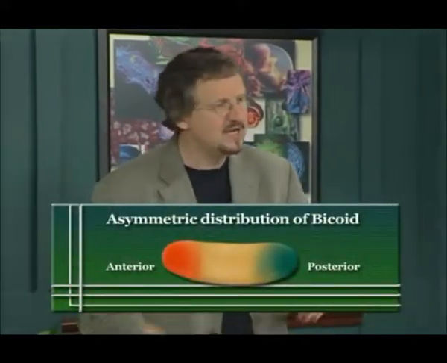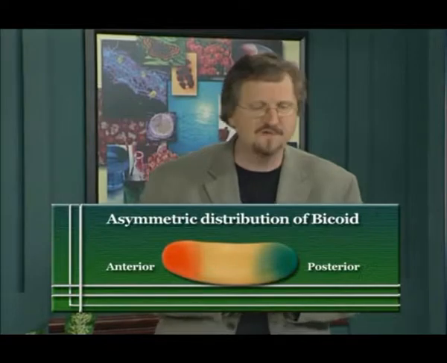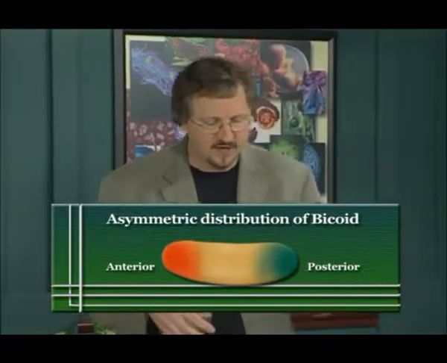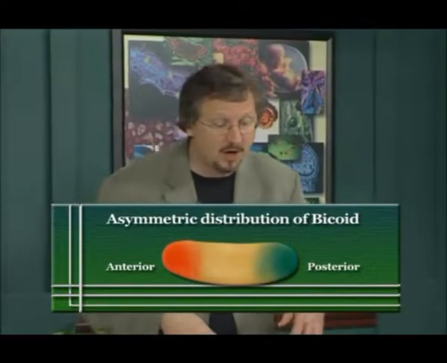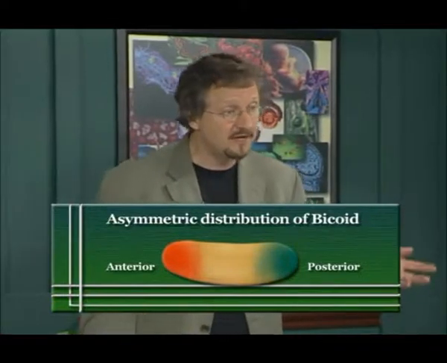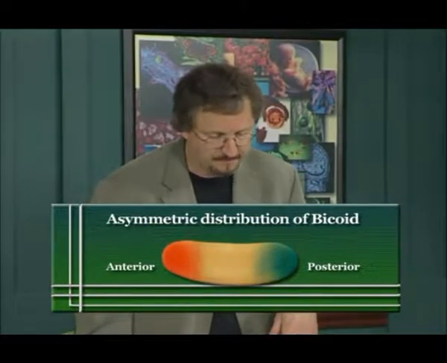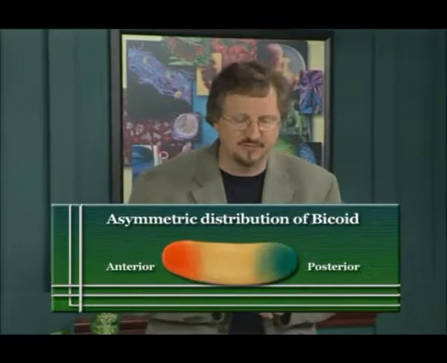Now, if you look at the distribution of the protein produced by the bicoid gene in normal zygotes, you find that in the normal zygote, bicoid is distributed asymmetrically along what will eventually become the anterior to posterior axis of the animal. How does this asymmetric distribution originally arise?